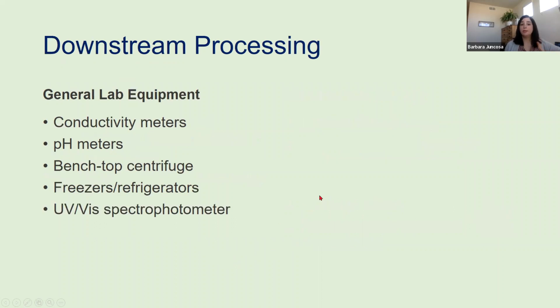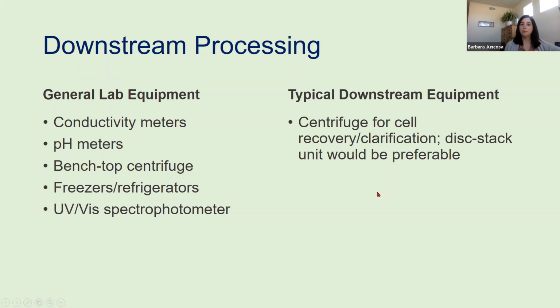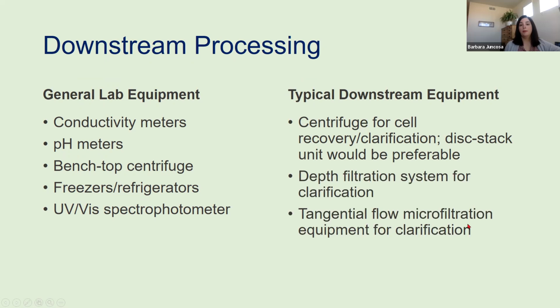Again, here's going to be equipment that's going to be very familiar to anyone who's teaching lab-based skills: conductivity and pH meters, centrifuges. So if we're looking specifically at downstream for both cell and gene-based therapy, we're looking at typical downstream equipment, centrifuges for clarification. If you have a disc stack centrifuge, that's preferable. Depth filtration systems for clarification, if you want to do it that way instead.